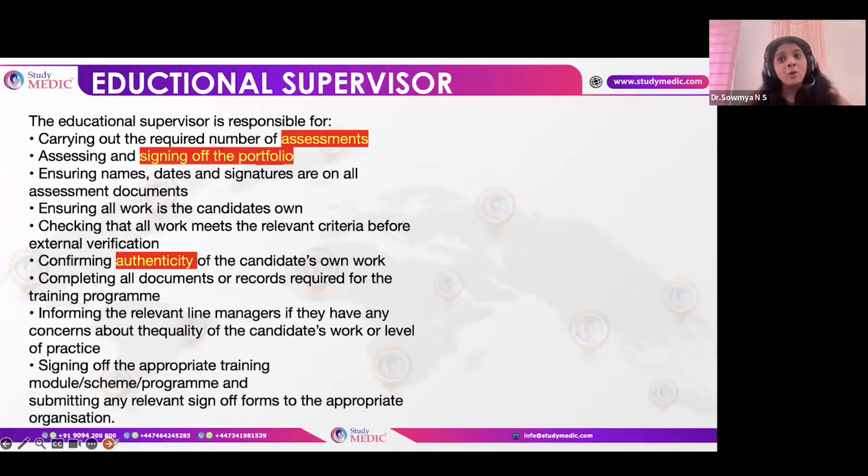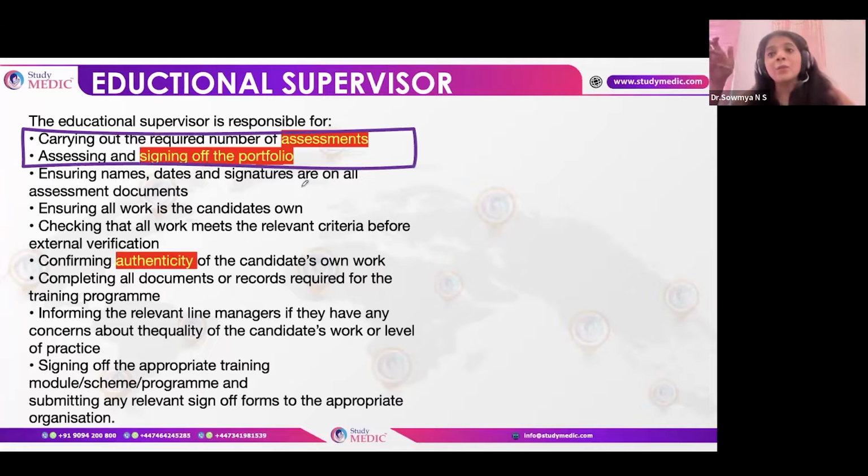All the trainees have to maintain an e-portfolio, because that is what the assessors will be looking at in the annual ARCPs, to see what minimum assessments you have done. So the main role of the educational supervisor is to guide the trainee to finish their minimum required assignments and assessments to move from one level to the other.